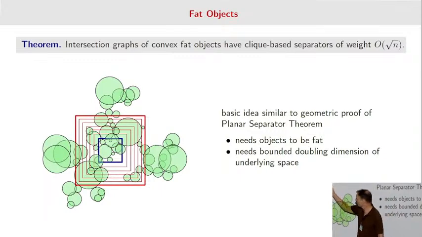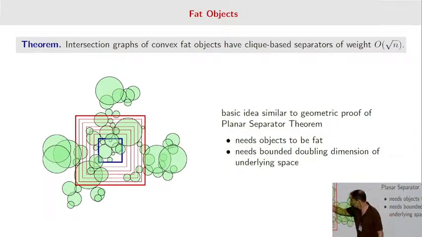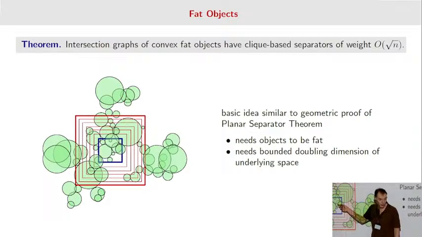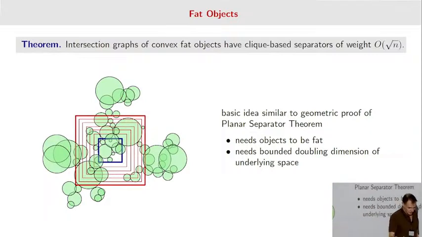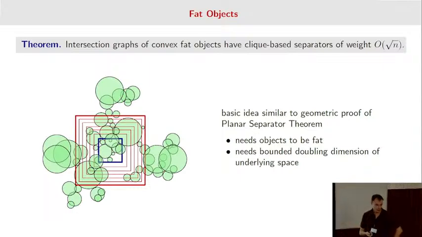But that requires that this bigger red thing can be decomposed into constantly many copies of this one. That requires bounded doubling dimension. So if I want to do geodesic disks inside a simple polygon, a simple polygon does not have bounded doubling dimension, so things break down.